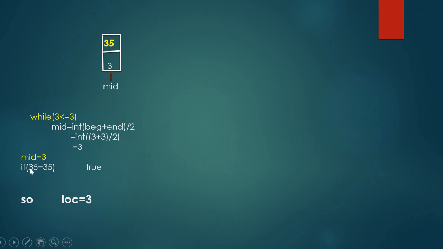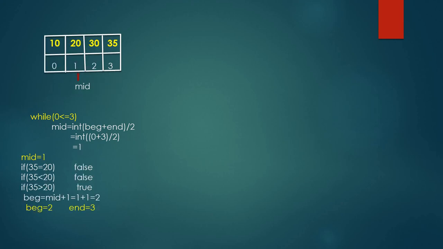Mid is equal to 3 and the middle element is 35. Which element are we going to search? ELE is equal to 35. So ELE is equal to A of mid, that is 35 is equal to 35, that is true. So we got the location. Location is equal to 3. Like that we can find out the binary search algorithm.